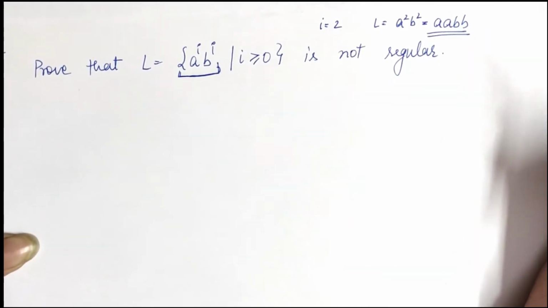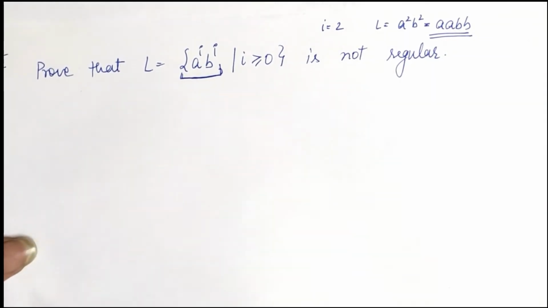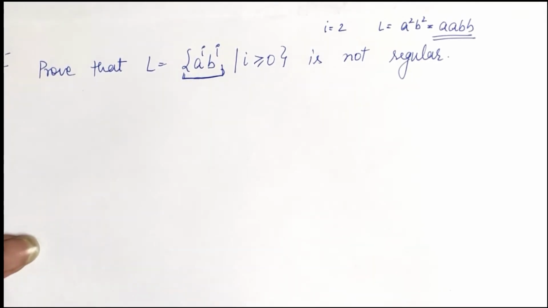So this language indicates the counting of A and B as many times. As we know, a regular language does not hold the counting problem, so this is not a regular language. But we have to prove this with the help of the pumping lemma.